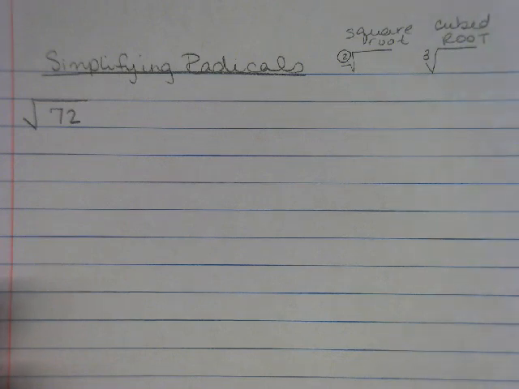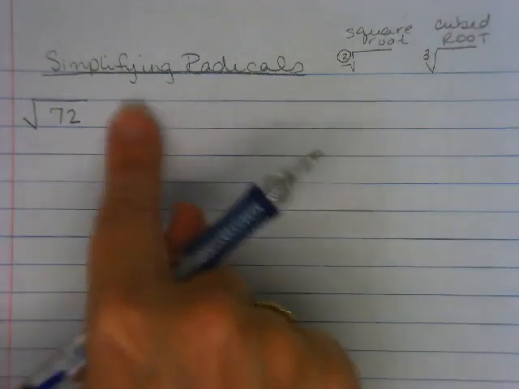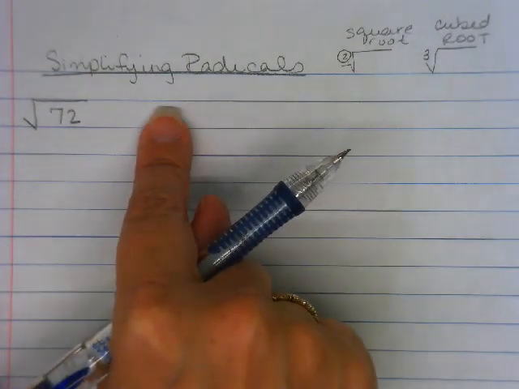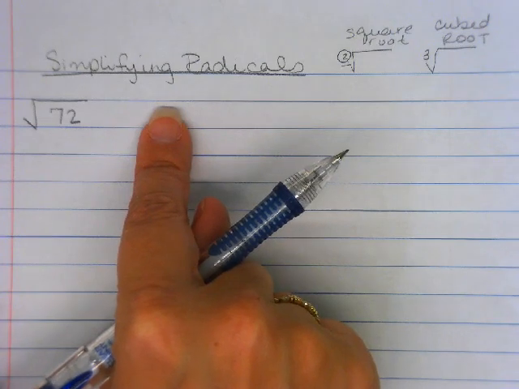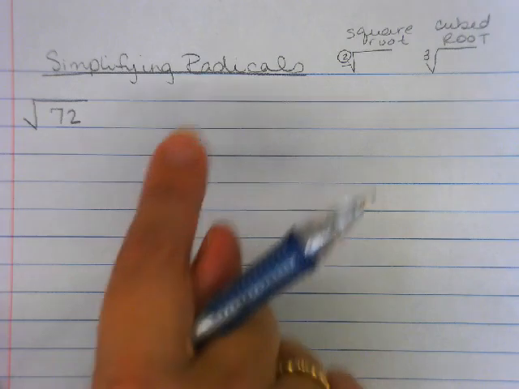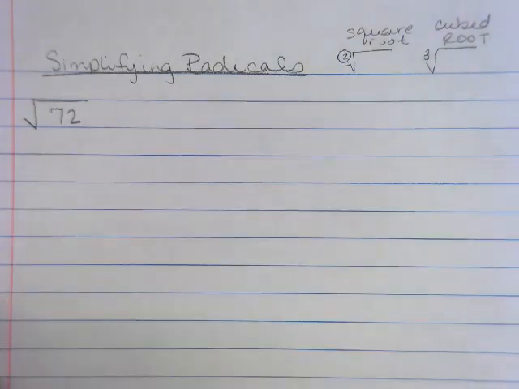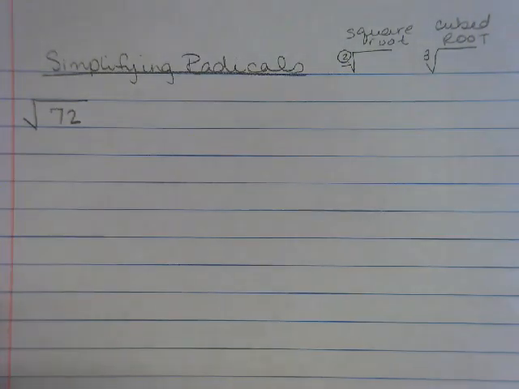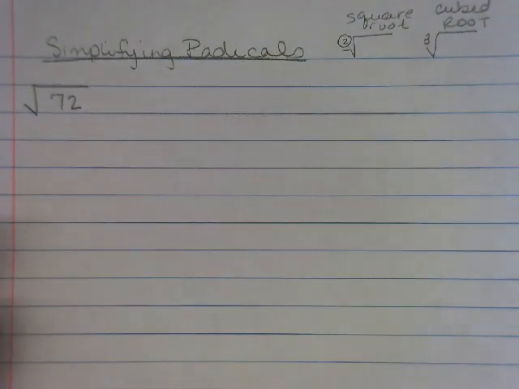When we're simplifying radicals, we're trying to break this into some kind of whole number that is usually a perfect square, and whatever is left. So I'm going to show you 2 different ways. I don't care which way you do this. You choose. I will show you a shortcut on the calculator after you've shown me that you can do this by hand, and then you can use whatever method you want.